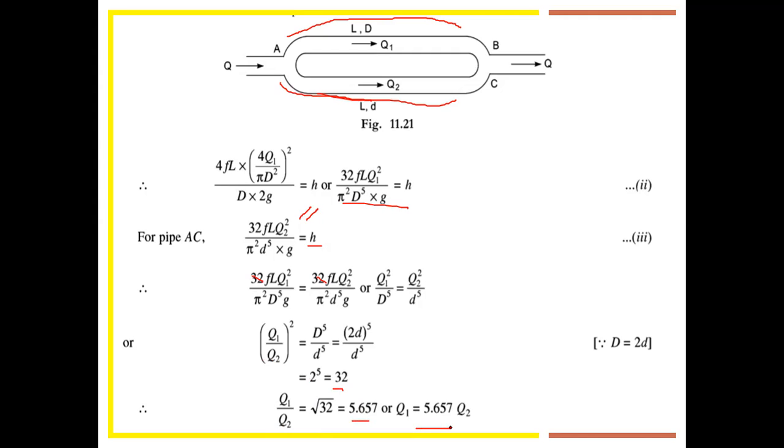Got it? So here large D, big D, capital D is equal to 2D, so D into 2D to the power of 5 was put. So if we cancel D5, you have 2 to the power of 5, that is 32. Q1 by Q2 is equal to so and so, Q1 is equal to 5.6 Q2.